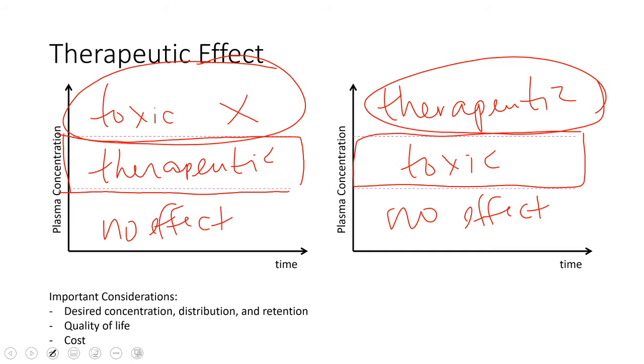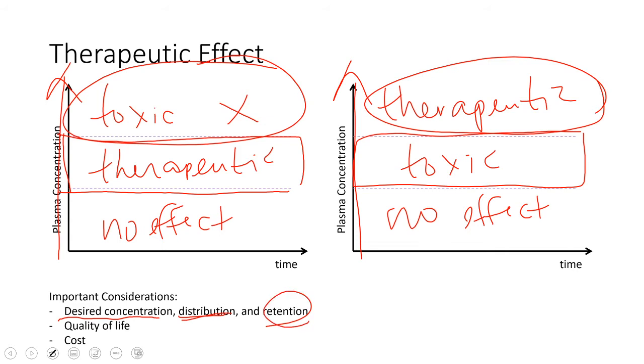Some important considerations are the desired concentration. What concentration do you get to the therapeutic effect and not into the toxic effect? Then distribution is also very important, like whether it'll be distributed everywhere in the body or only isolated to certain parts, and then how well it's retained in the body.